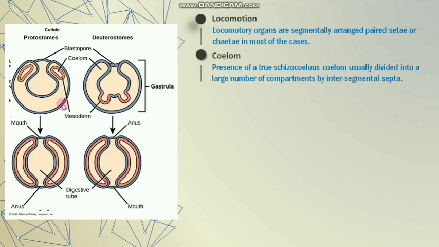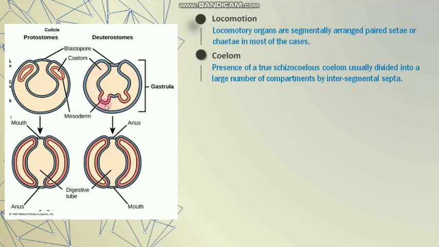This case is the schizocoelous coelom, where some cells are escaping from the ectoderm and occupying this place, which will develop into the mesoderm. If such kind of mesoderm formation happens, then the coelom will be known as the schizocoelom. Now, in case of the enterocoelous condition, you can see that the endoderm will be folding to form the mesoderm, and if this mesoderm lines the cavity, it will be known as the enterocoelous coelom.